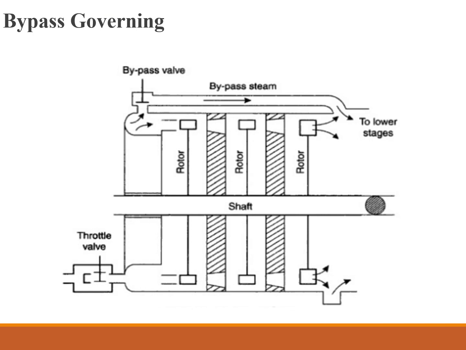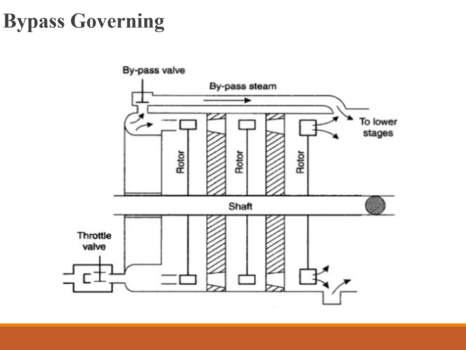Bypass governing. A modern impulse turbine operating at high pressure consists of a number of stages of comparatively small mean diameter. All such turbines are designed for a definite load, termed the economical load, at which efficiency is maximum.